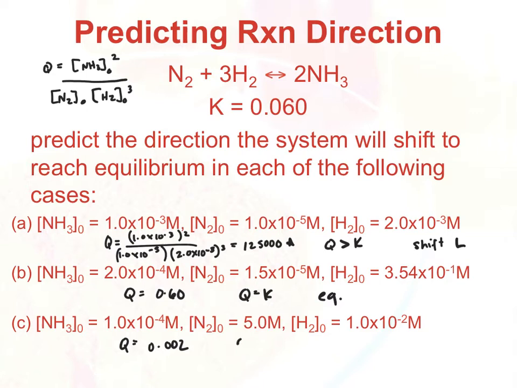So in this case, Q is smaller than K, so our reaction is going to need to shift to the right, or towards our products, in order to be at equilibrium. This is how we utilize the reaction quotient to figure out what direction our reaction needs to shift in order to be at equilibrium.